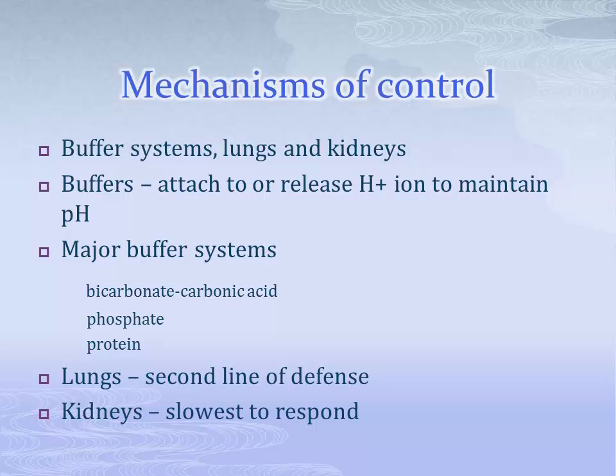And kidneys can also compensate for respiratory disorders by excreting hydrogen ions when the carbonic acid accumulates, or conserving hydrogen ions when carbonic acid depletes. And again, it's going to restore the pH, but we're going to see other problems. Other things are going to be affected.